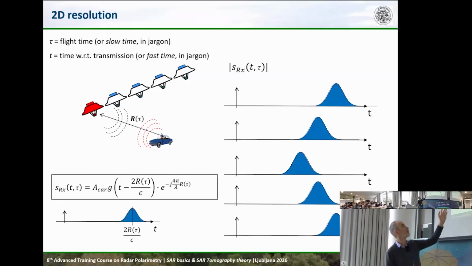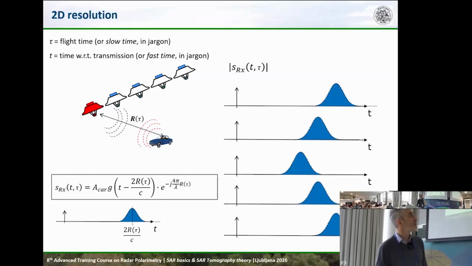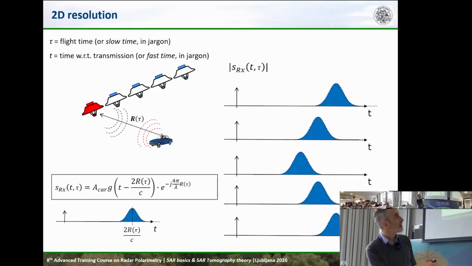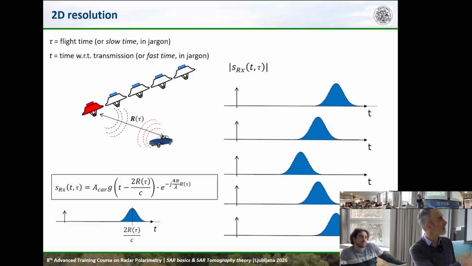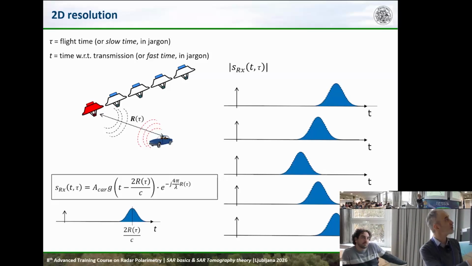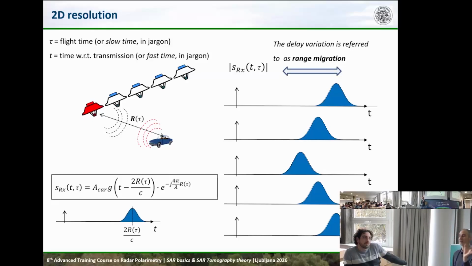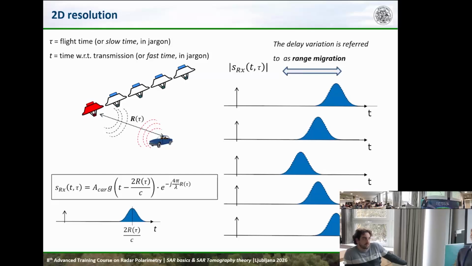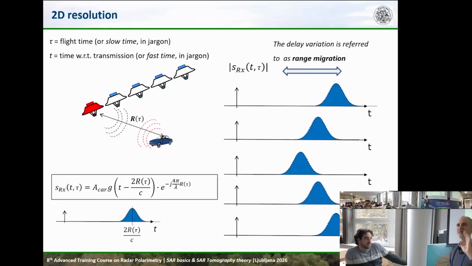And in this case, with 5 antennas, we have 5 signals that look like this. You see that the peak is not exactly at the same position. It follows this curve. This particular difference is called range migration. So this delay variation is called the range migration. It complicates processing a little bit.